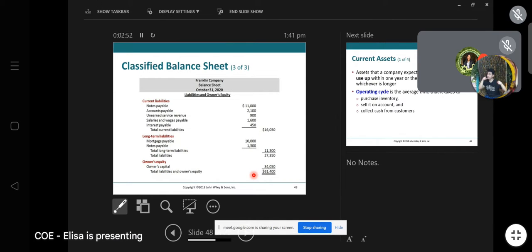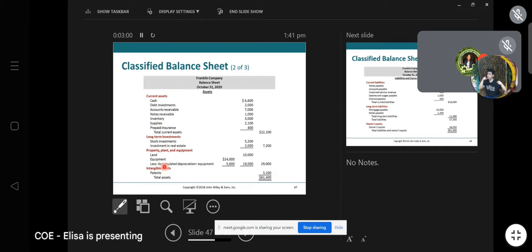Next are current liabilities, notes payable, accounts payable, and so on. So you just familiarize yourself with this. I would like to go back here. Why is it that accounts receivable is listed ahead of inventory? It's because we present these in the order of liquidity.